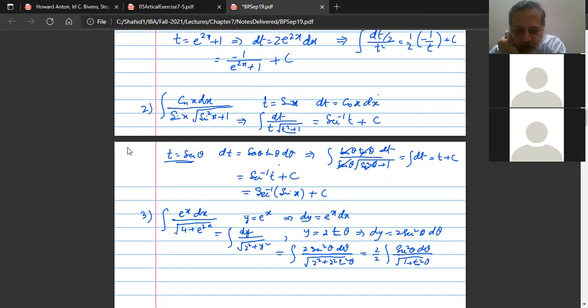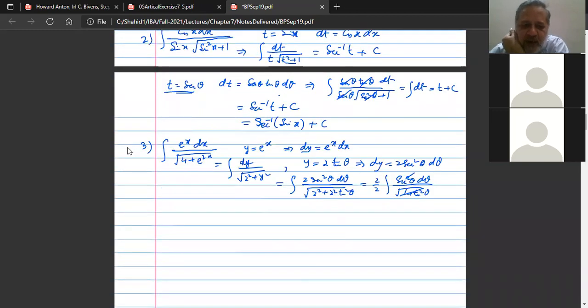So this becomes this integral. It is now simply the integral of secant theta, an elementary integral, whose result is ln of secant theta plus tangent theta, a format that we have come across many times.